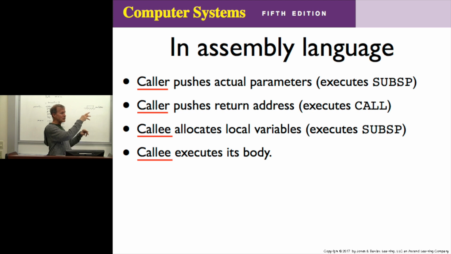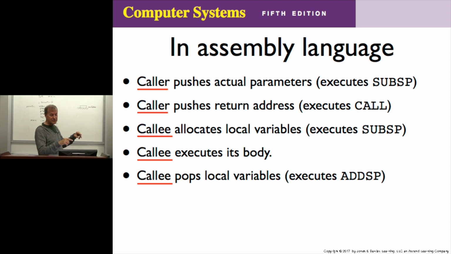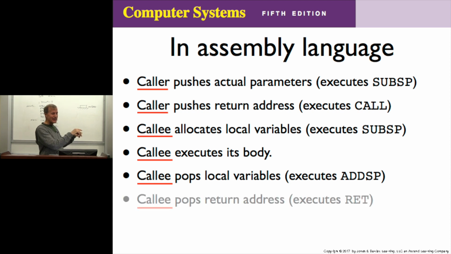Now after the callee executes its body, what does the callee have to do before we can do the ret? It has to pop the local variables. And how does it pop the local variables? By doing add SP. And now what's the stack pointer pointing to?